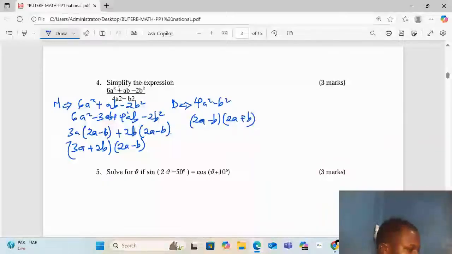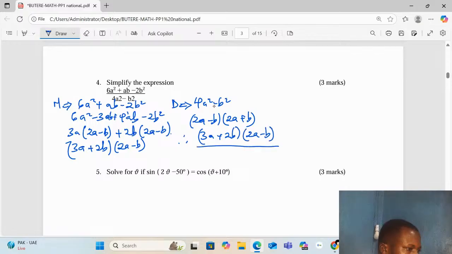Now we therefore merge the two, having the numerator of 3a plus 2b times 2a minus b over 2a minus b times 2a plus b. So as you can see, 2a minus b cancels with the 2a minus b.